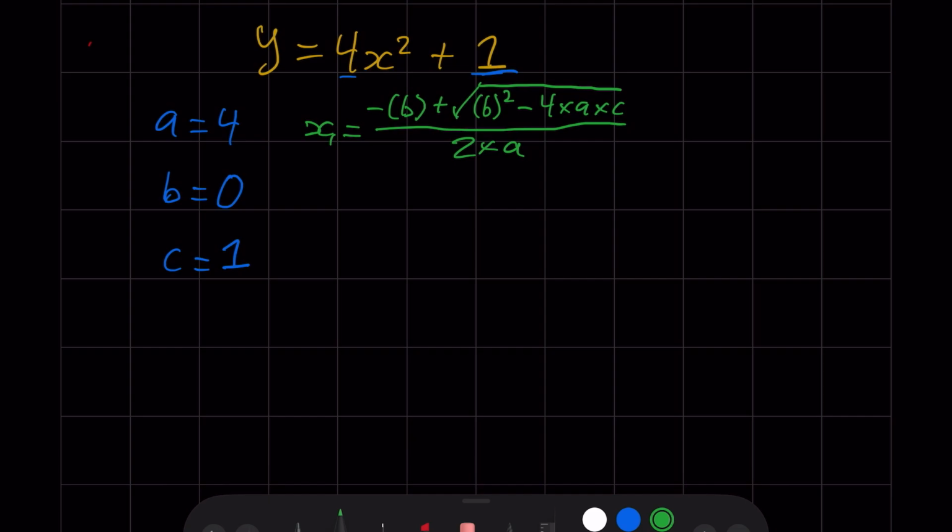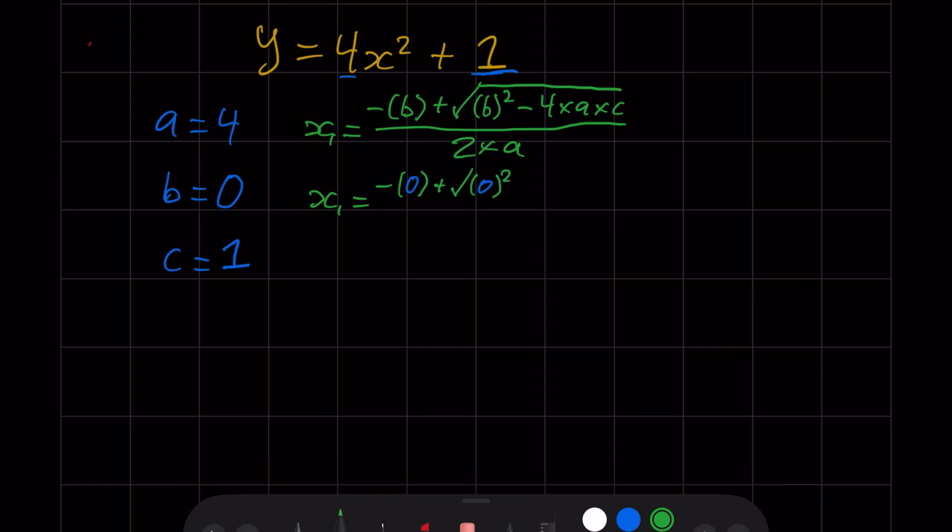So when I write my numbers in, we have negative 0, because b is equal to 0. And that can be okay sometimes. Plus the square root of 0 squared.